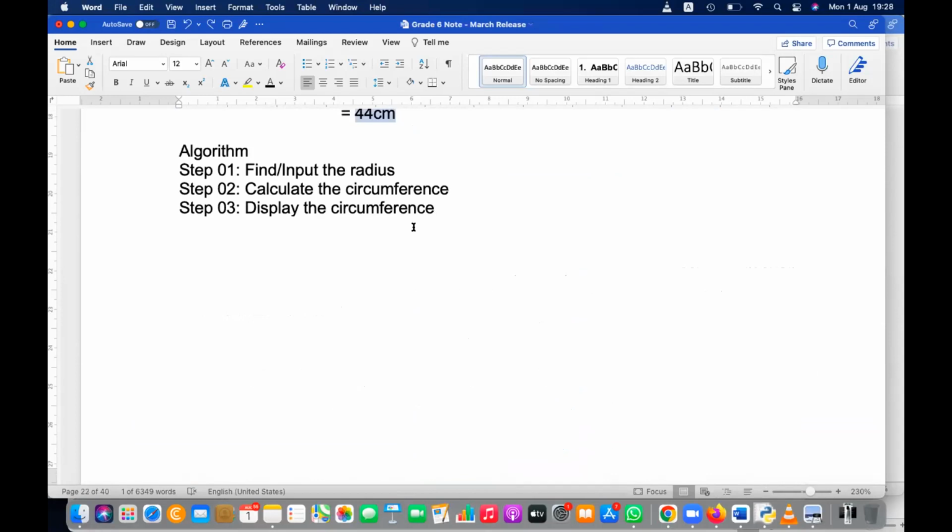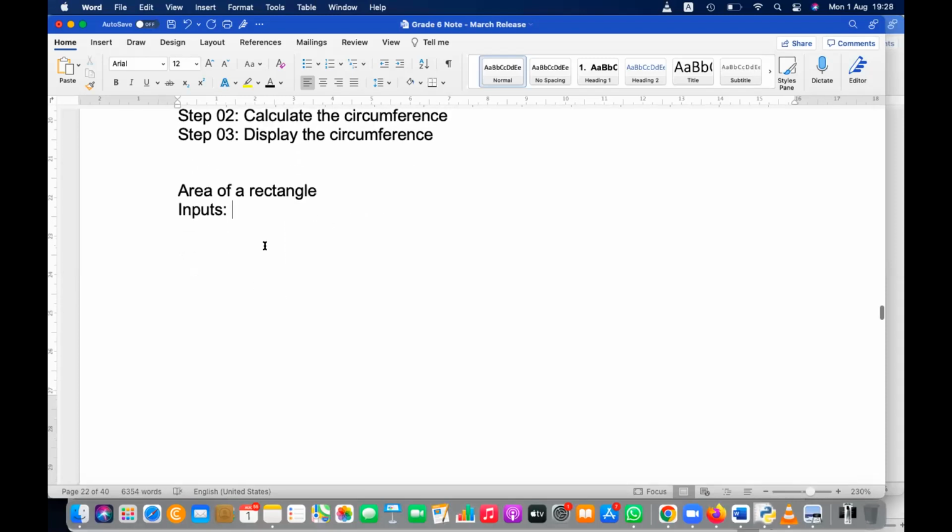If you are going to find the area of a rectangle, what are the inputs? Tell me the inputs. What we need is the length and width of the rectangle. Yes, exactly. Length and width of the rectangle.